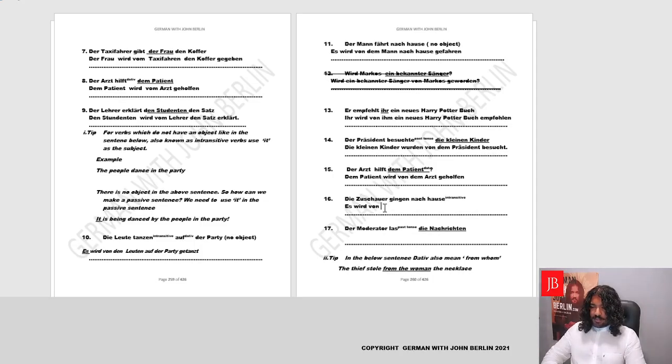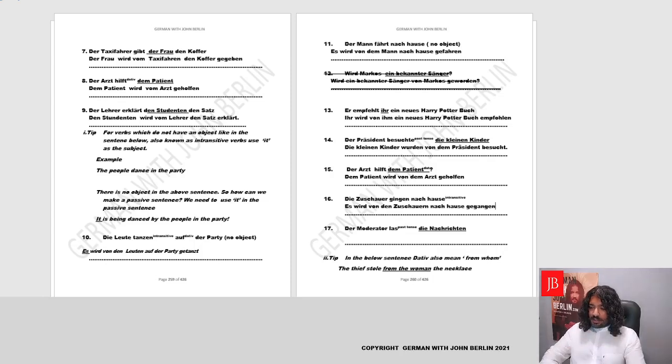Yes, so we write den, der, den Zuschauer. How do we make dative plural? We have an extra N in the end, belongs to den. So es wird von den Zuschauern nach Hause gegangen. Now this wouldn't sound pleasant in English, but in German it definitely does. Yeah, it's been gone by the audiences to home. Okay, that doesn't really suit the English language, but it definitely is possible in German.